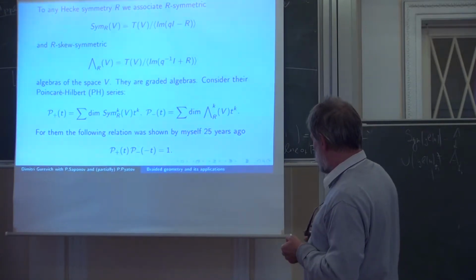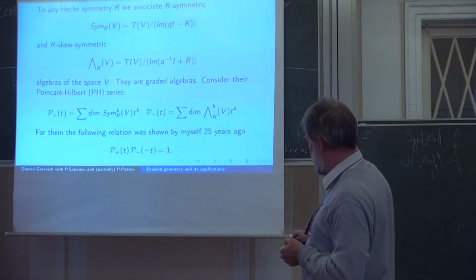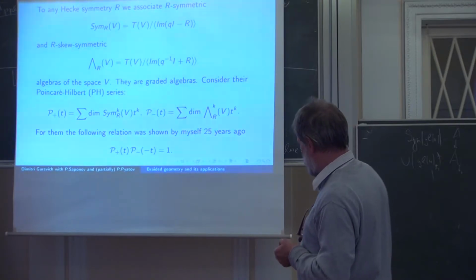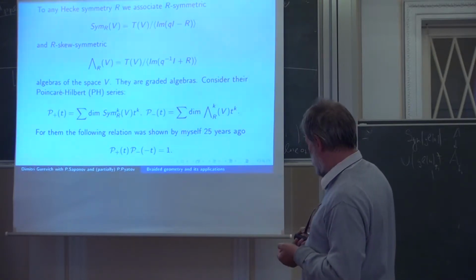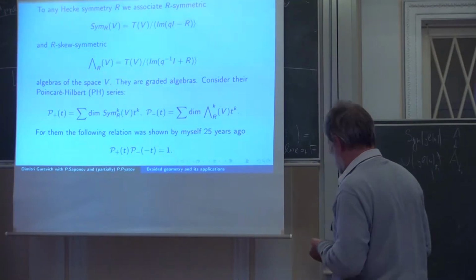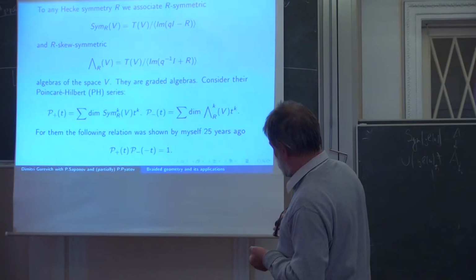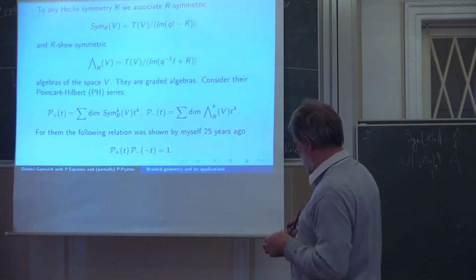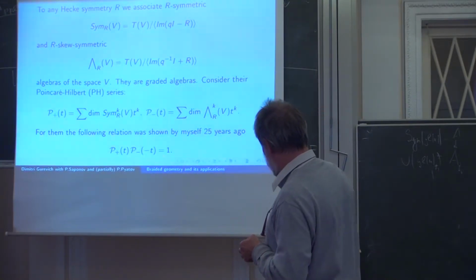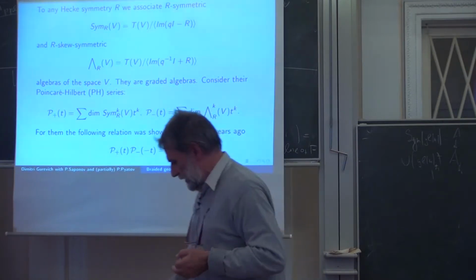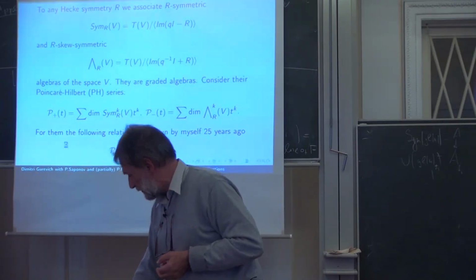And we consider the corresponding Poincare-Hilbert series introduced in the natural way. I showed the following relation 25 years ago. It is just the classical relation. If it is just the usual flip or super flip, it was generalized by myself to any Hecke relation.